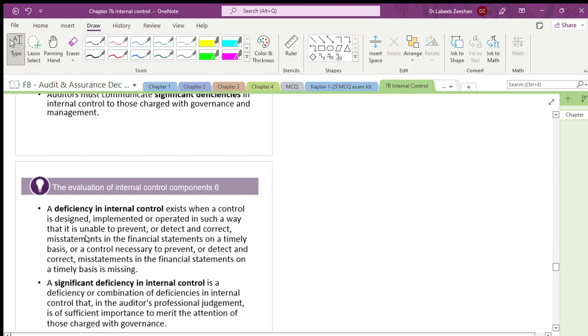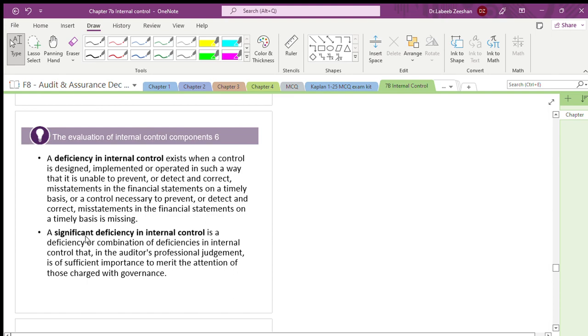Now there are two things. This will not be in the examination, but you have to understand the difference between these two. There is a deficiency in internal control, and there is a significant deficiency.